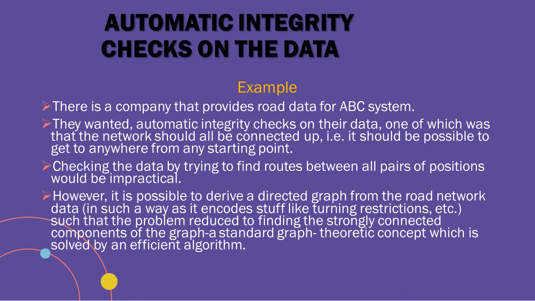However, it is possible to derive a directed graph from the road network data in such a way that it encodes things like turning restrictions, such that the problem is reduced to finding the strongly connected components of the graph, a standard graph theoretic concept which is solved by efficient algorithms.